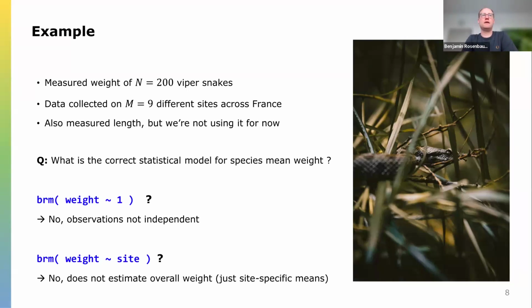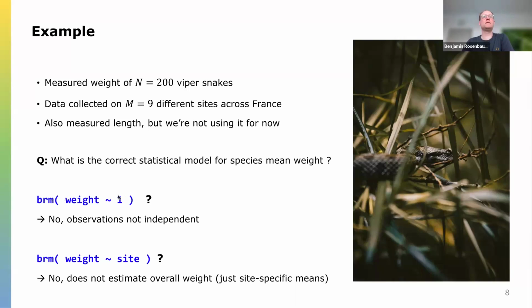However, these data are collected from different sites across France, 9 in total. And we just want to measure the mean body weight, the mean individual weight. So a very simple question, and also potentially a very simple model. What is the correct statistical model here for estimating species mean weight?